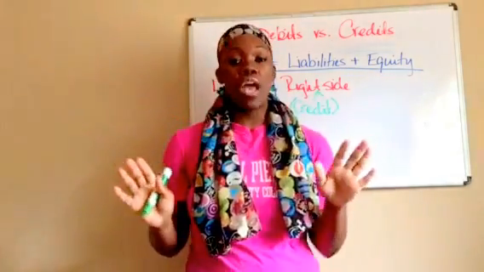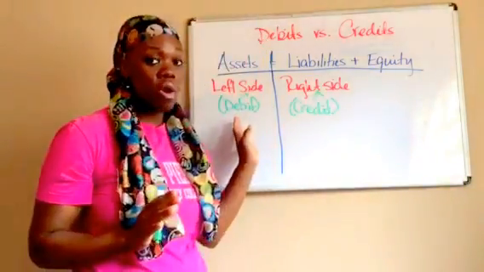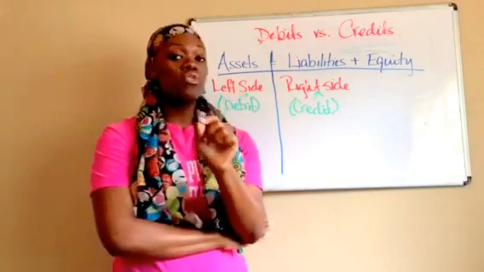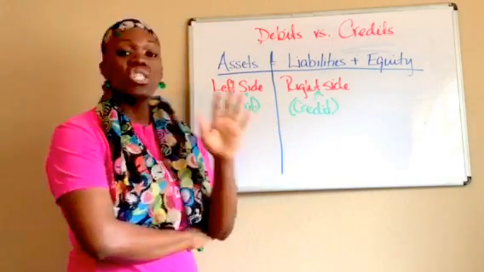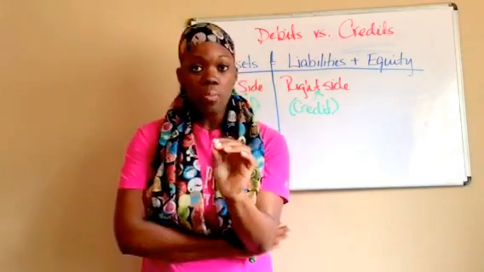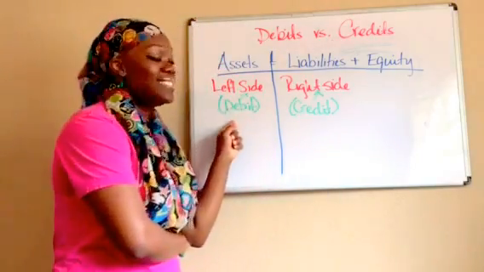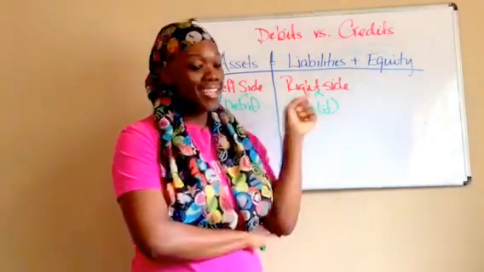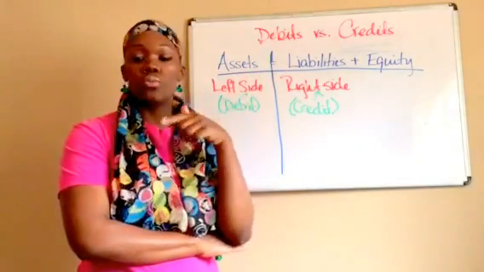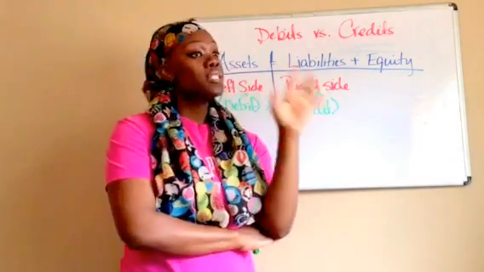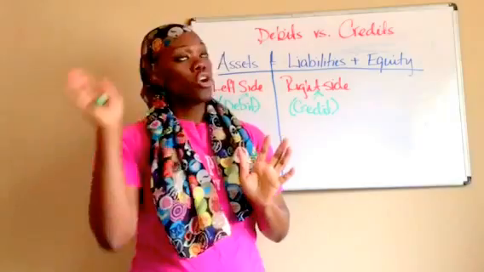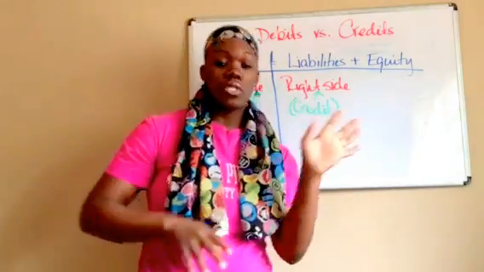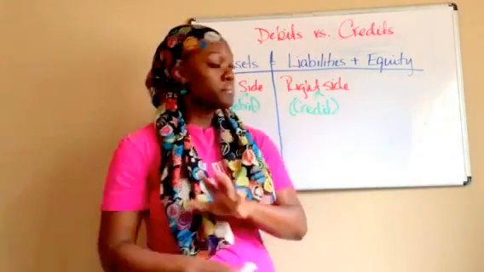Forget everything you've ever learned about debits and credits prior to accounting, because if you try to bring that into this, it's just going to confuse you. For the purposes of accounting, debit equals left side, credit equals right side. That's another one of those mantras that you just repeat to yourself over and over again. Debit equals left side, credit equals right side.